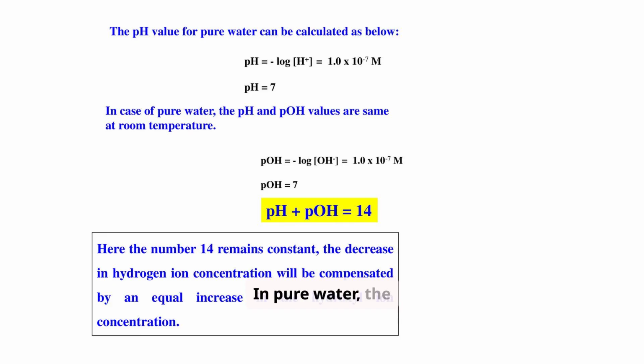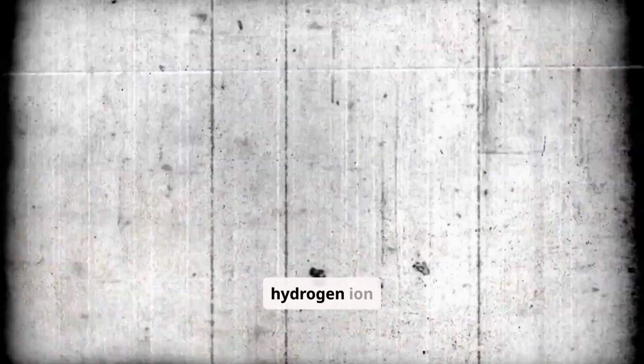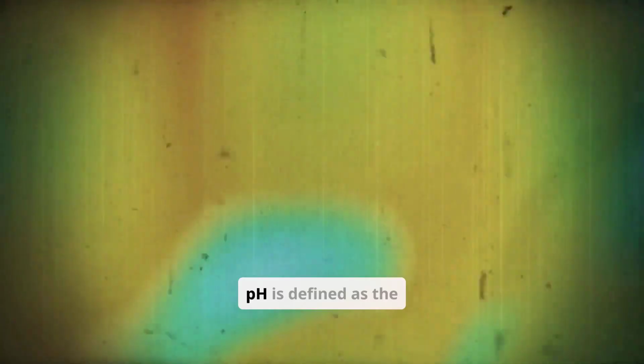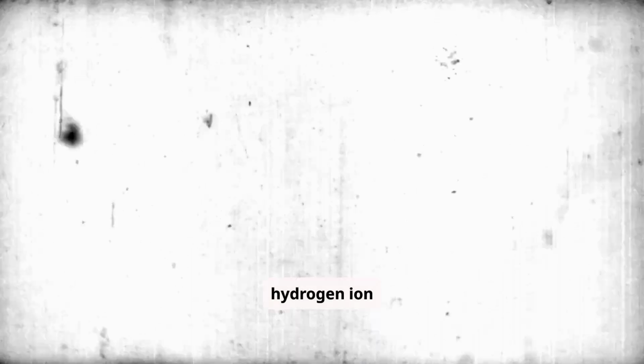In pure water, the concentration of hydrogen ions is equal to the concentration of hydroxide ions. This leads to the concept of pH, introduced by Sorensen in 1909, which expresses hydrogen ion concentration on a logarithmic scale. pH is defined as the negative logarithm of the hydrogen ion concentration.